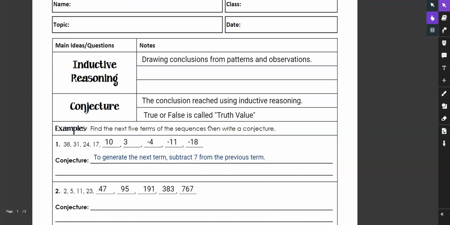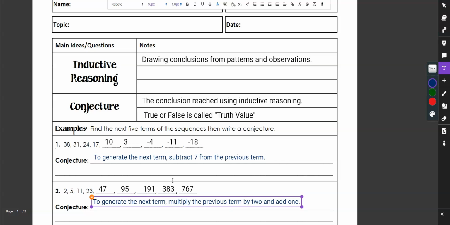Number 2, we have 2, 5, 11, 23, 47, 95, 191, 383, 767. So what's the pattern here? To generate the next term, you will multiply the previous term by 2 and add 1.